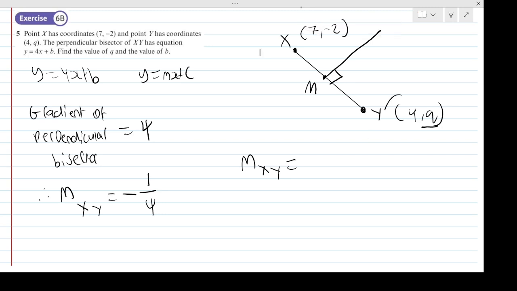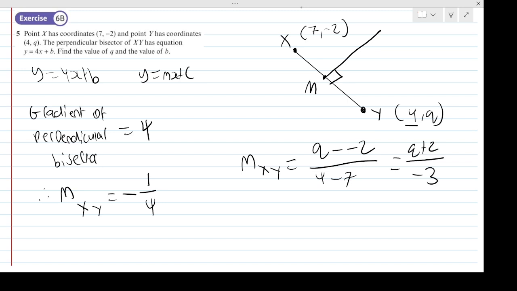Okay, but let's do this point here, the big y. The y coordinate of that is q, and then take away the other y coordinate, minus 2. Then the x coordinate would be 4, take away the other x coordinate 7. Then we can work with that to get q plus 2, because we have a double negative, over 4 minus 7 is minus 3.